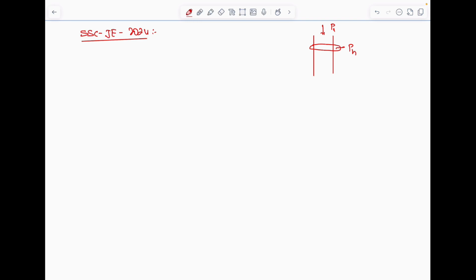Calculate the hoop tension. Tension means force. Tension and compression are forces. Stresses are pressures. Please differentiate between them.